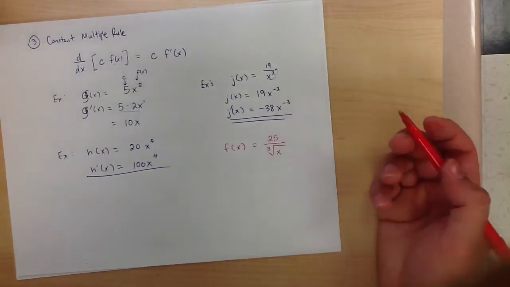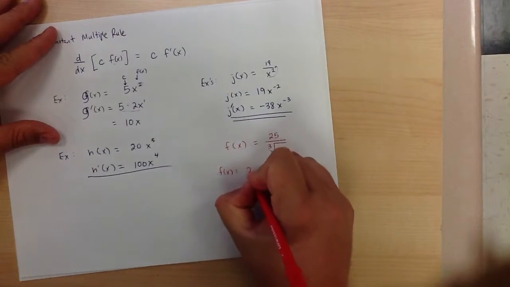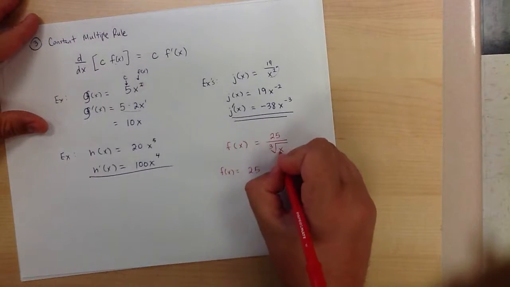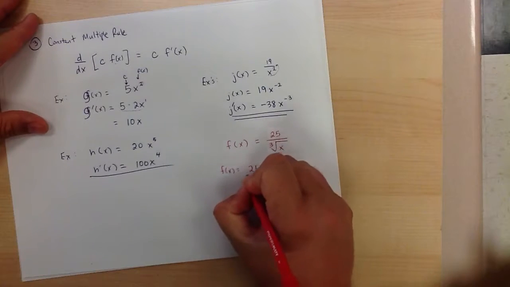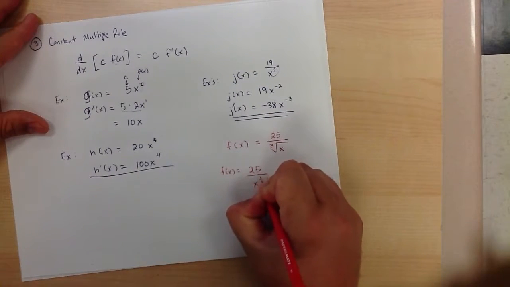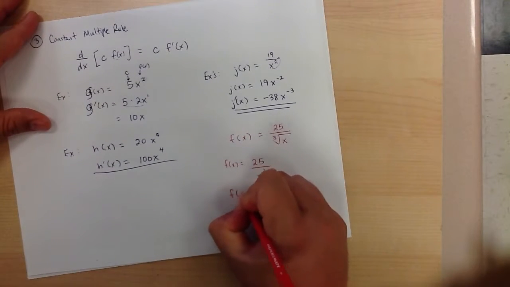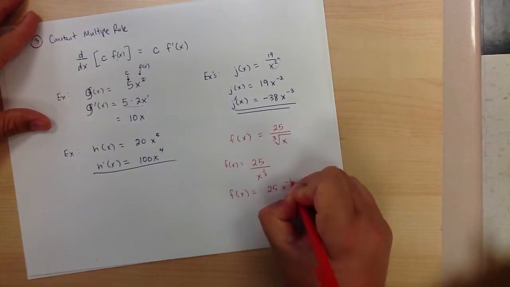It's in a denominator, which makes life worse. We're going to rewrite that function. 25 is going to stay as a coefficient. He's just a constant. This is going to come up into my numerator. Maybe we'll do it this way. We'll leave it down there. We're going to change it to the 1/3 power, which means f of x is now 25x to the negative 1/3.